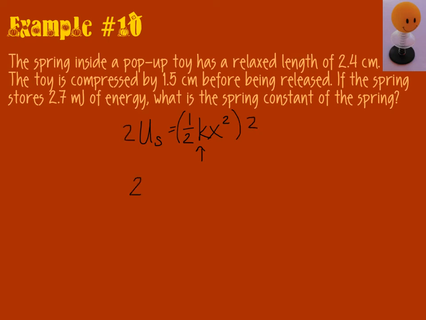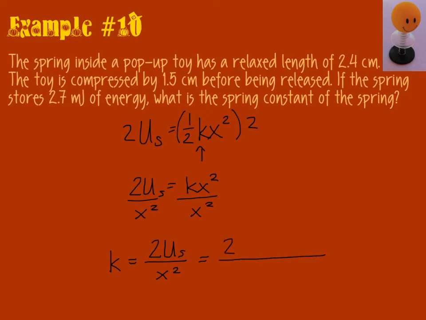So I get 2 times the elastic potential energy is equal to kx squared. And then I'll divide both sides by x squared. So I get that the spring constant, the thing we're looking for, is equal to 2 times the elastic potential energy divided by the distance of compression squared.